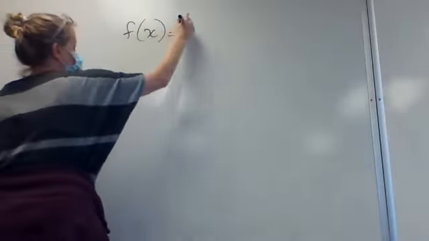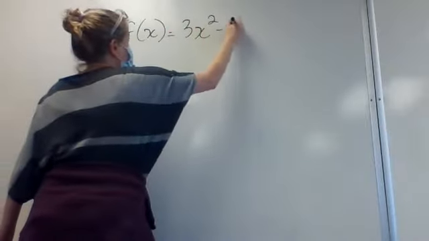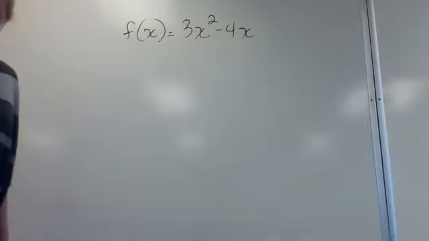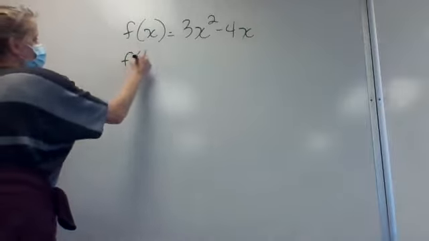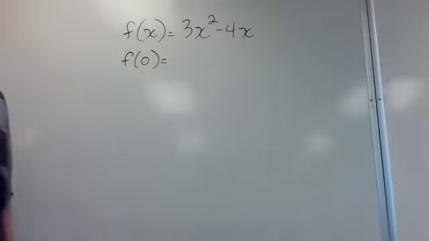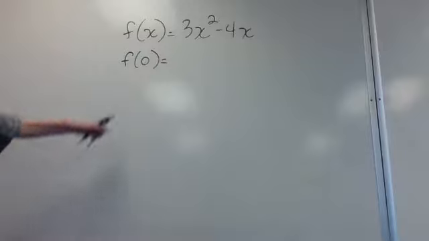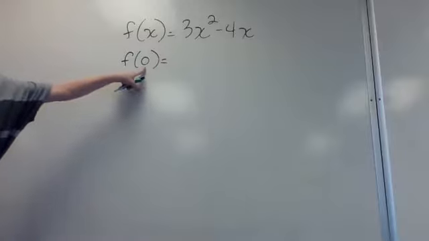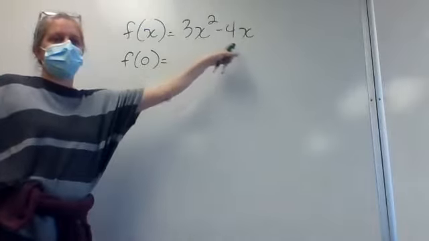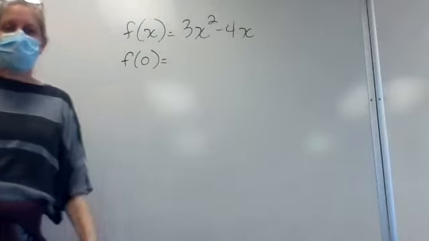I think you'll see it once I put it up here. The first thing it wants us to find is f of 0. Which tells me what? Whatever's in this parentheses is what I replace these x's with and find that value.